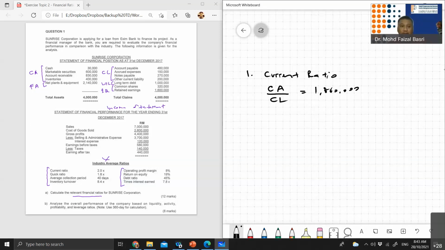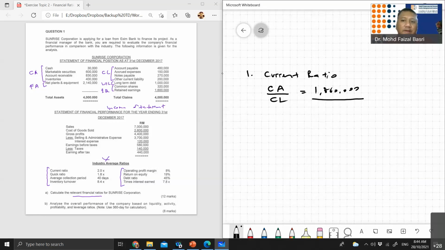So 1.86 million is the value of current assets. How did I get this? I add all four, 30,000 plus 600,000 plus 830,000 plus 400,000. So all four under current assets total 1.86 million.